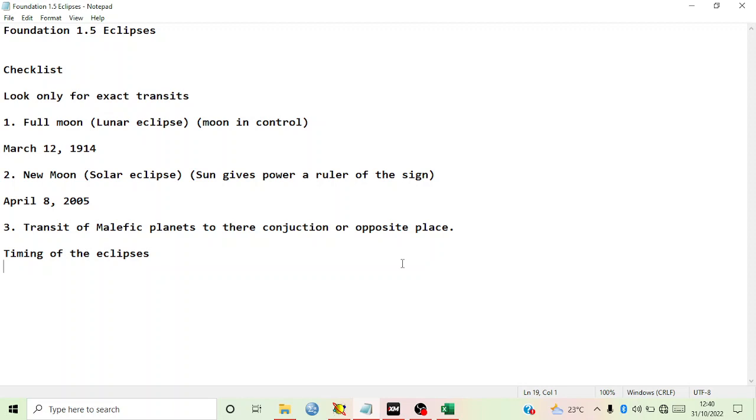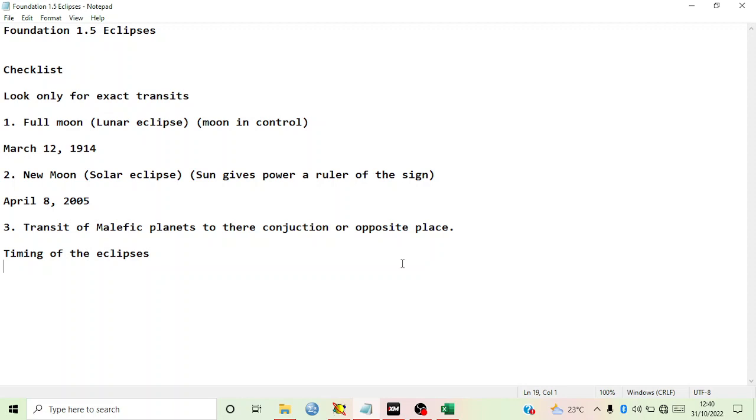So whenever the eclipses transit exactly on the places or the position of these general significant factors in their radix or in their progressed position, we should be able to tell how the eclipses are going to affect the market. And yeah, so we're only looking for exact transits.